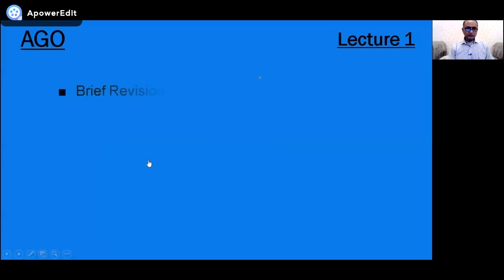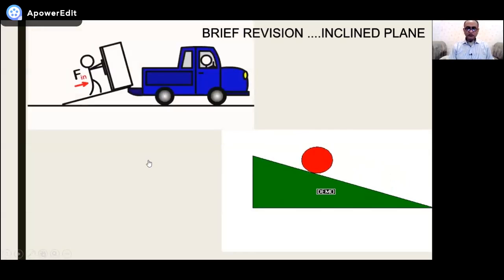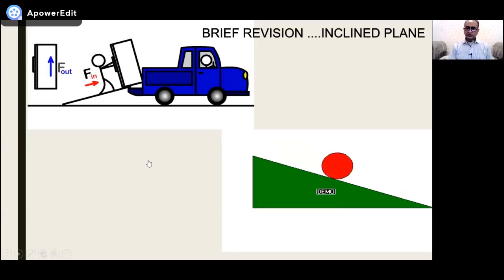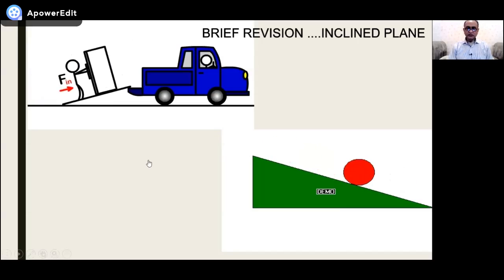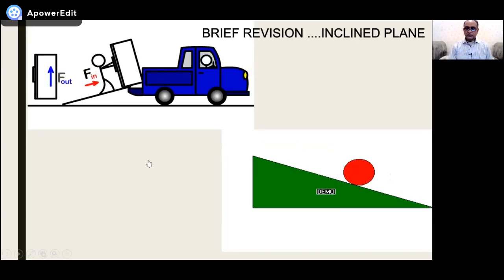So what is the agenda today? A very, very brief revision, then numericals, as I told you yesterday. Yesterday we did the topic of inclined plane. Any surface which is raised to a certain point and can be used to transfer heavy objects from one point to another is called an inclined plane.